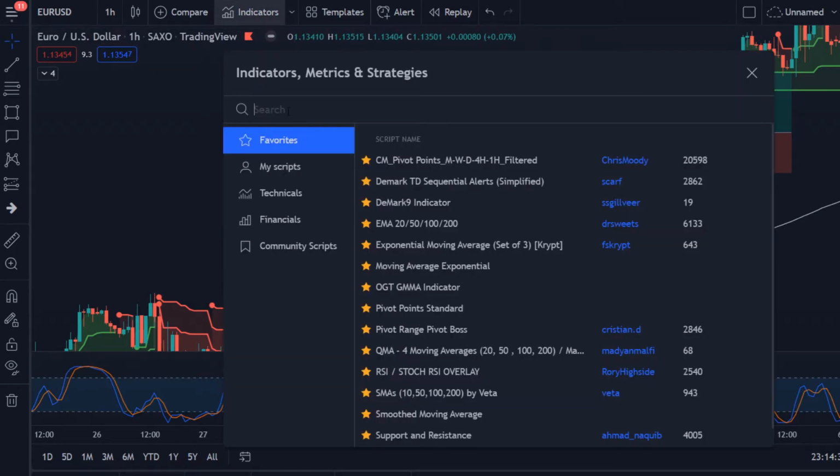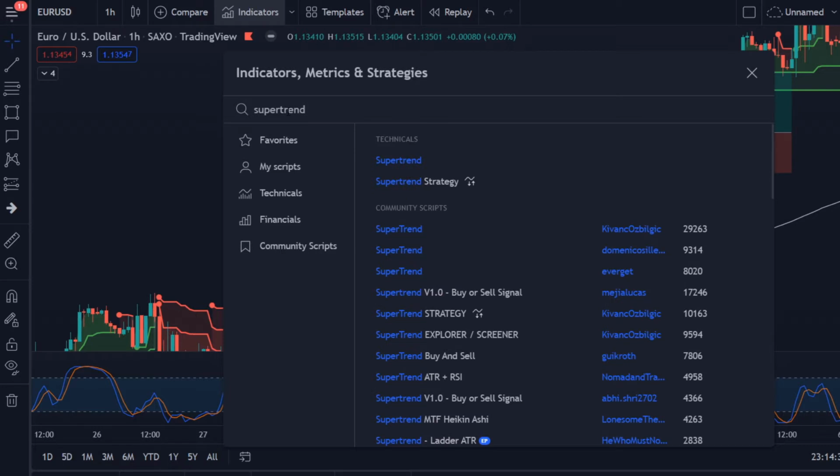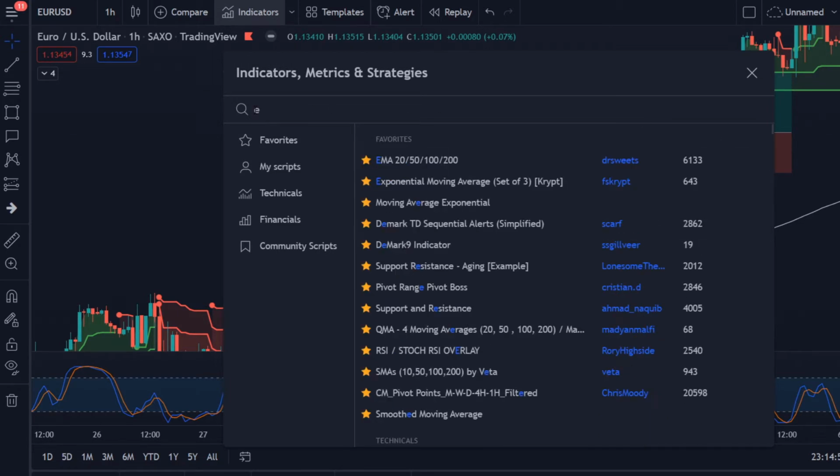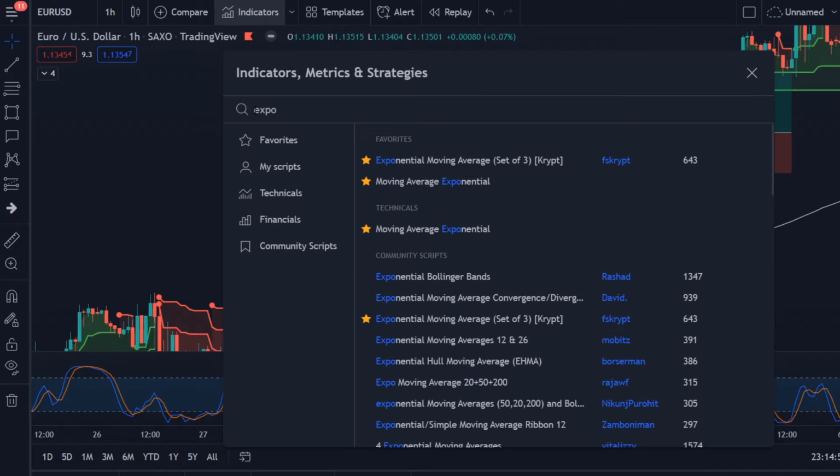We have the Super Trend, and we need this one over here by Kivanc Ozbilgic. And you need to click on this 3 times. 1, 2, 3. Then we will be looking at the exponential moving average. Over here we see the exponential moving average indicator.